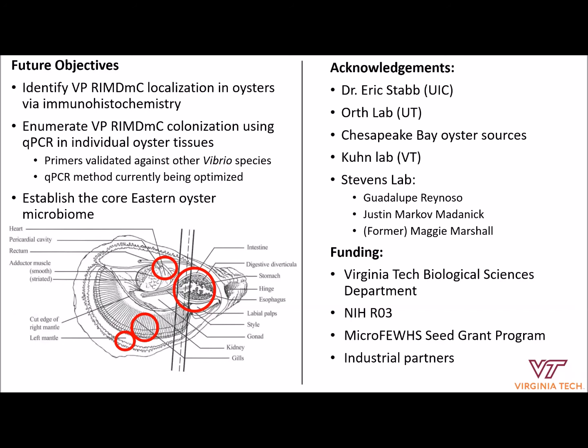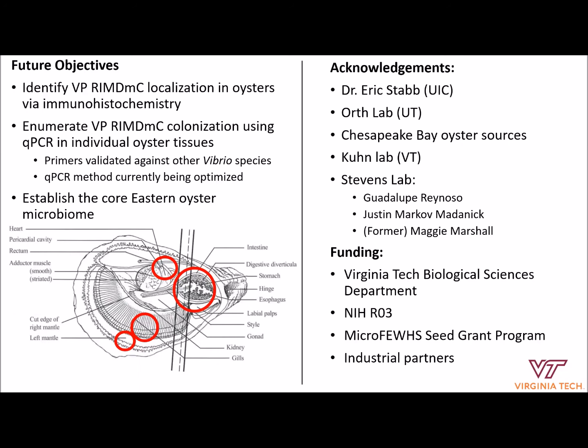In this case, you can see this figure at the bottom left. What we'll be doing is dissecting out these different organs and homogenizing those, and then running those through qPCR with VP-specific primers, just to see which organs have relatively higher loads of the VP. In other words, where is it colonizing the most? This is something that could really help back up the IHC work and the point above.